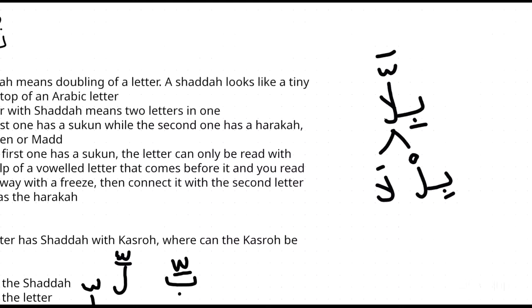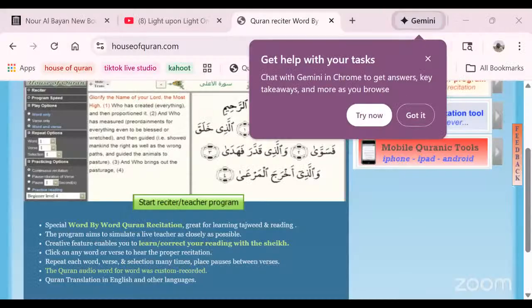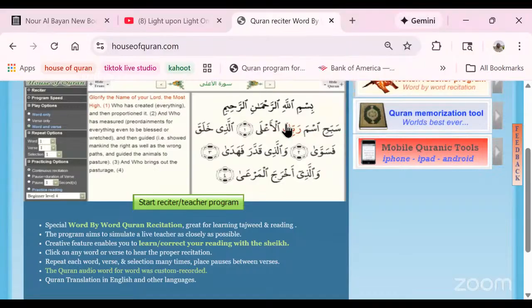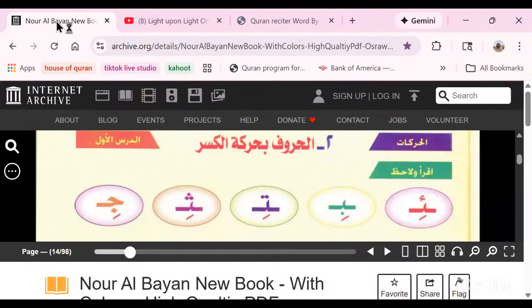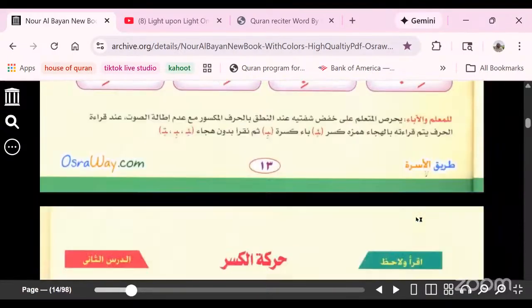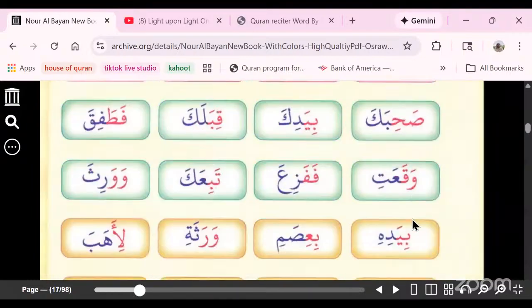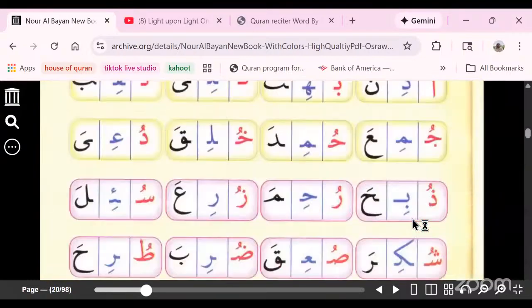Okay, so in that case, let us go into the Nurul Bayan to look for more examples.